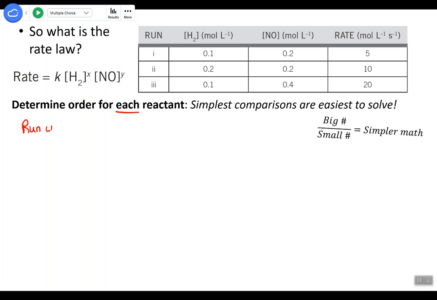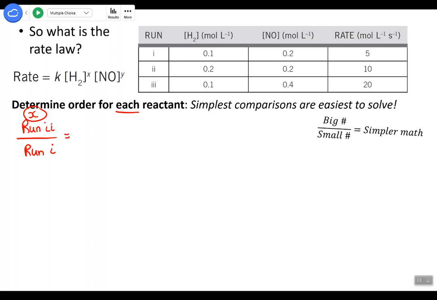For simplicity, and to solve for X, the order of the reaction according to hydrogen, I'm going to compare run 1 to run 2. I'm going to put run 2 on top of run 1 as a fraction because I like doing math as easy as possible. I love math. Complex math is good. But why do it harder than you have to? I like to put big numbers on top of smaller numbers because then I don't have to do fractions as often. You can do it however you want. It's a math problem. But big numbers on top of small numbers is just nice and easy.